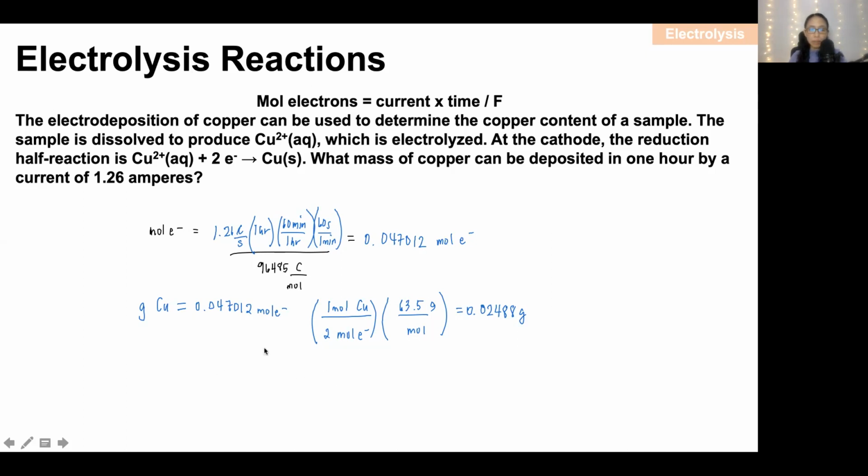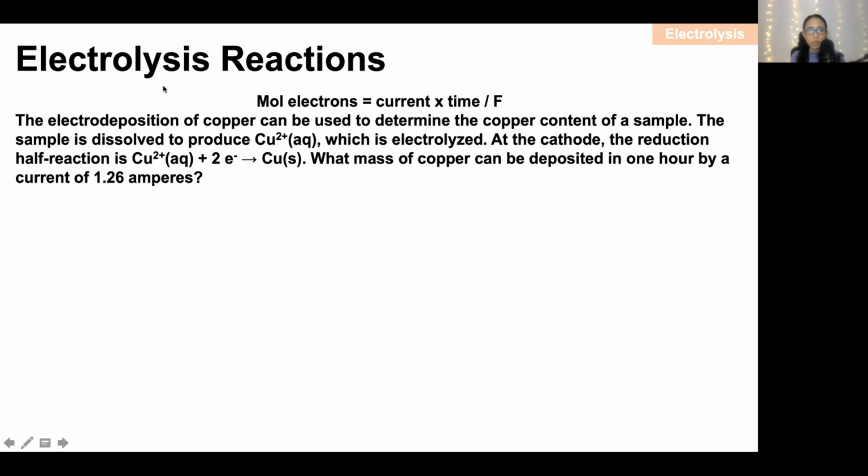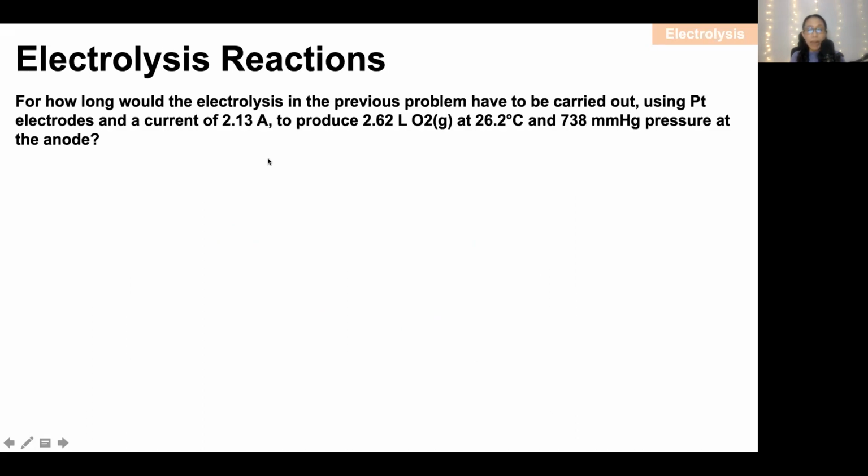So we get 1.4926 grams of copper deposited given these conditions. Okay, so this is how we use this formula for electrolysis reactions. So you see here, we recover the pure element.